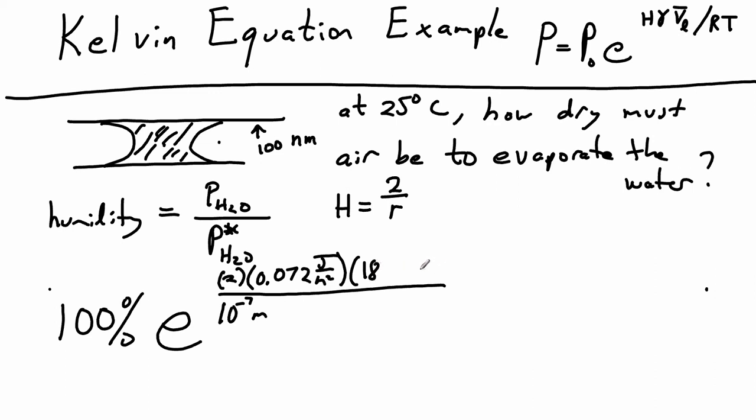Since there's 1,000 mils in a liter and 1,000 liters in a meter cubed, this is going to be 18 times 10 to the negative 6 meters cubed. And then we divide by RT. So we've got 8.314 joules per mole per Kelvin. And let's see, we said 298 K, so we'll put 298 K.